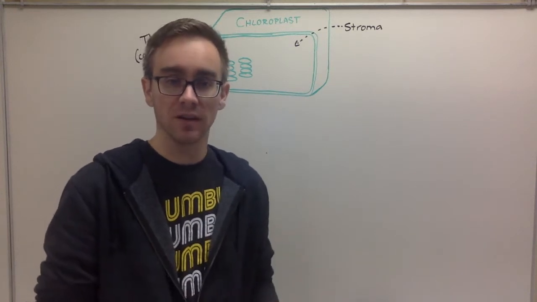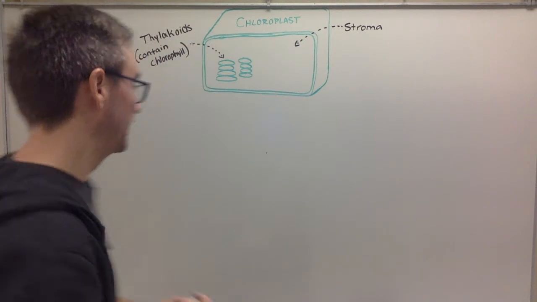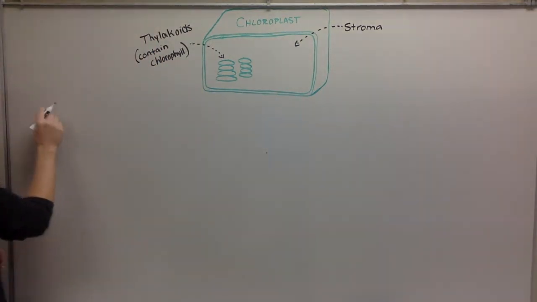This first one that we're going to talk about is what we call the light-dependent reaction. So there's two reactions we're going to talk about here. This one is called the light-dependent reaction.